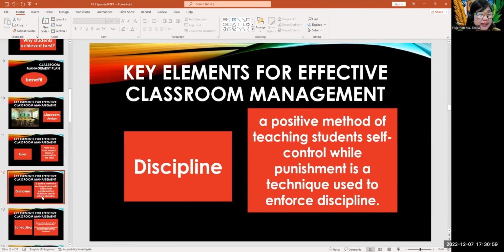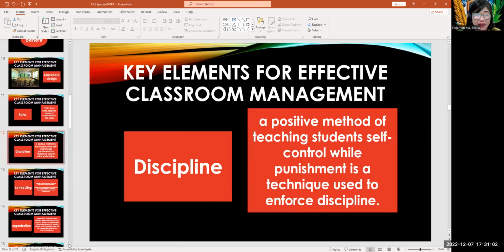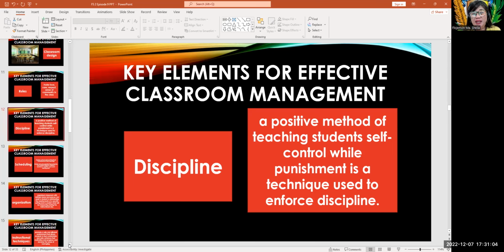Another one is discipline. Discipline is a positive method of teaching students self-control, while punishment is a technique used to enforce discipline. Classroom rules must define the consequences of every action or every misdemeanor in class.